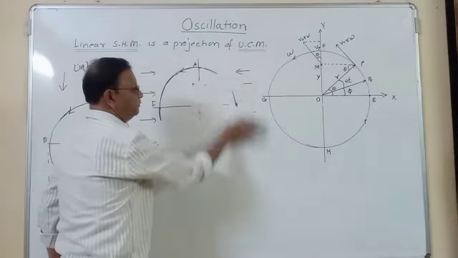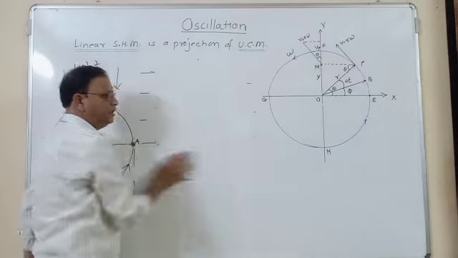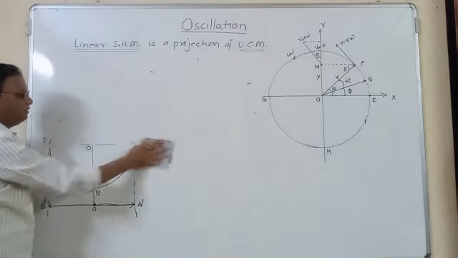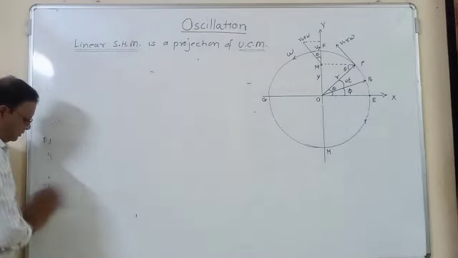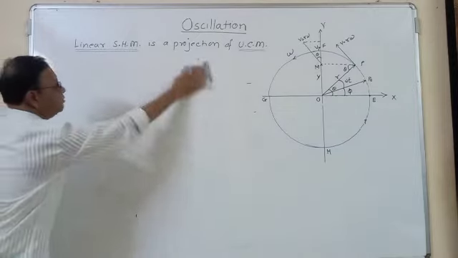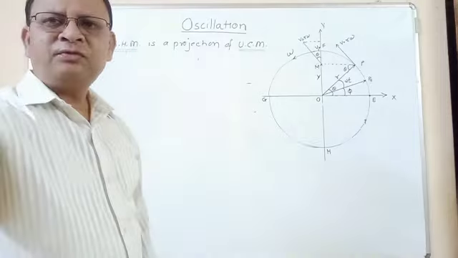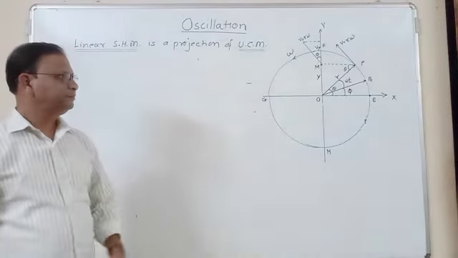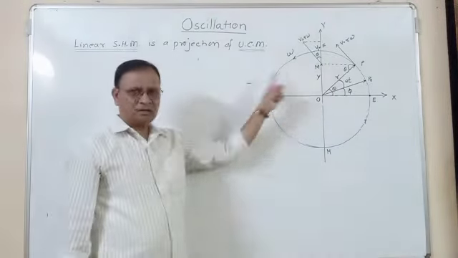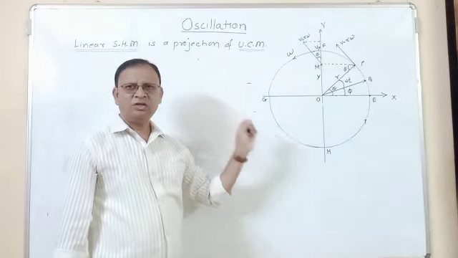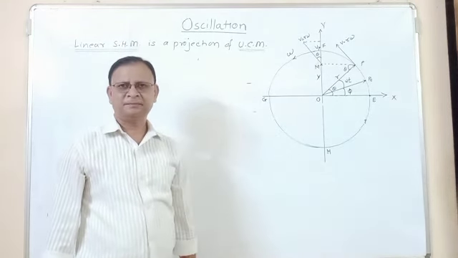uniform circular motion. You have studied it in 11th standard. What is a uniform circular motion? Motion of the object along the circumference of a circle with constant angular velocity.